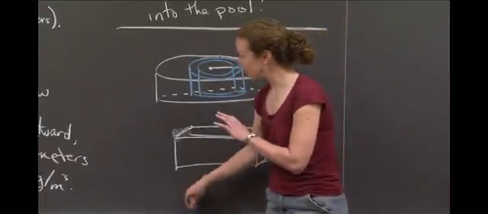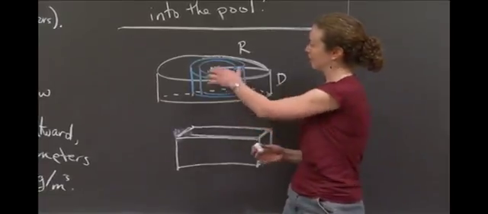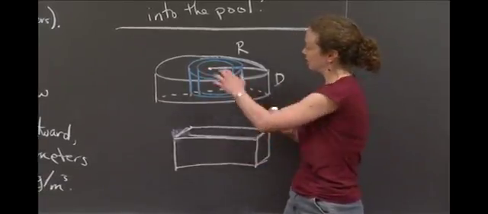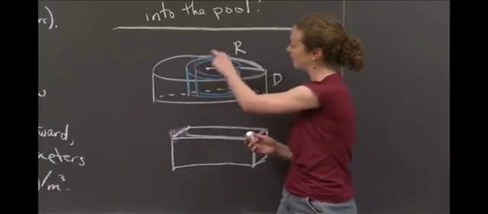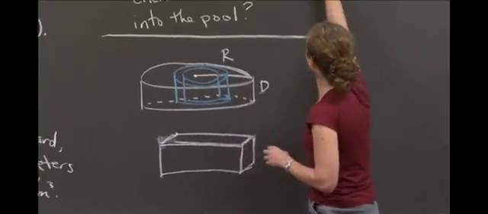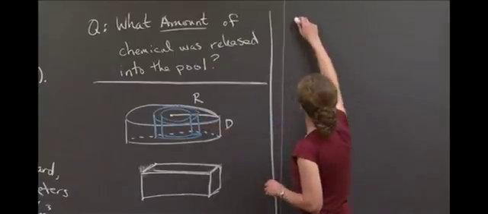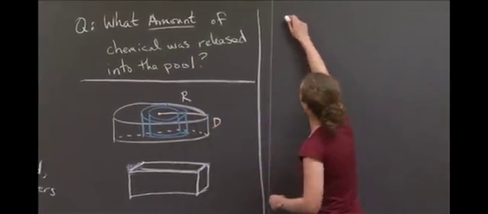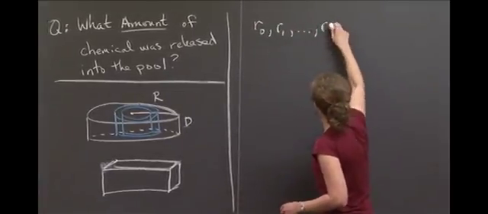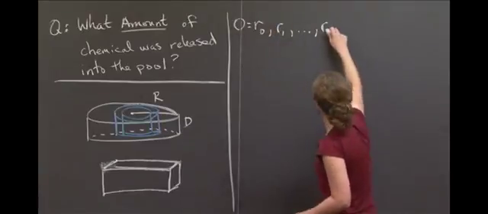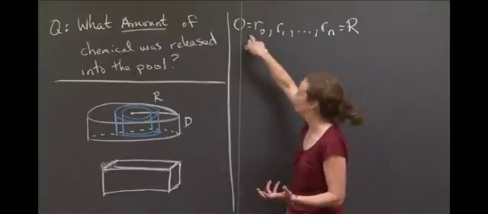So let's make sure we understand all the pieces that are happening. We're going to take a bunch of these shells, and let's say we'll take n of them. I'm going to say the radii, I'm going to start with r0 equals 0, and take radii r0, r1, up to rn equal to capital R. So I'm taking n plus 1, but 0 is not really a radius.